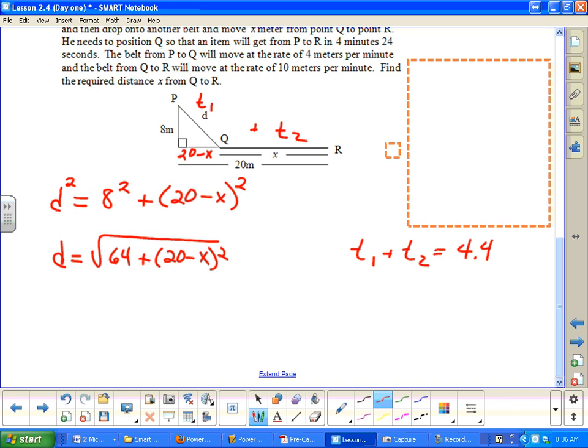We know that to get from P to Q, d is equal to 4 meters per minute times time 1. Okay? You all right with that? And x then is equal to 10 meters per minute times time 2.